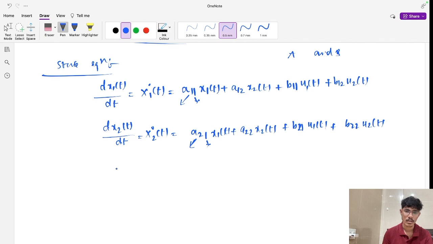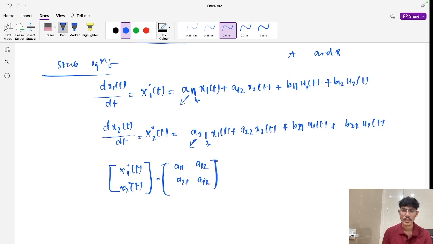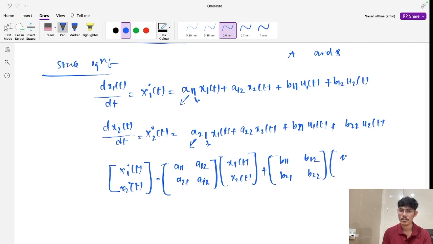This state function written in matrix form is: x1 dot of t, x2 dot of t equals the matrix a11 a12 a21 a22 into x1 of t, x2 of t, plus b11 b12 b21 b22 into the input variables u1 of t and u2 of t.